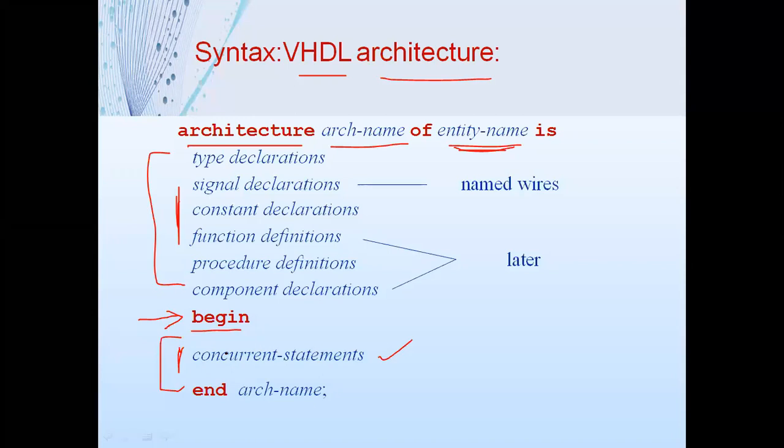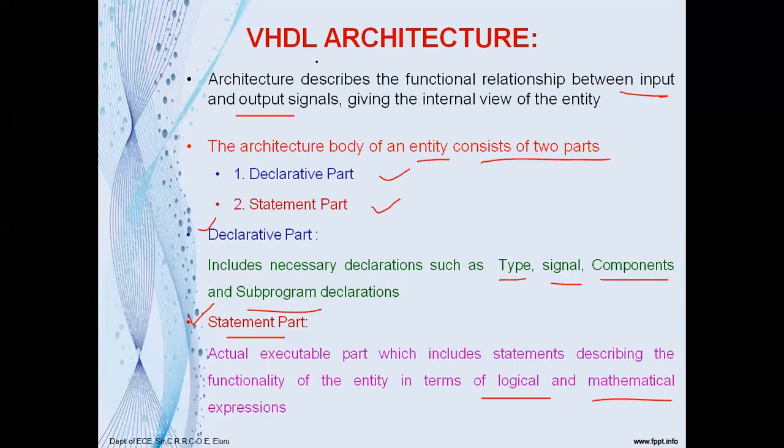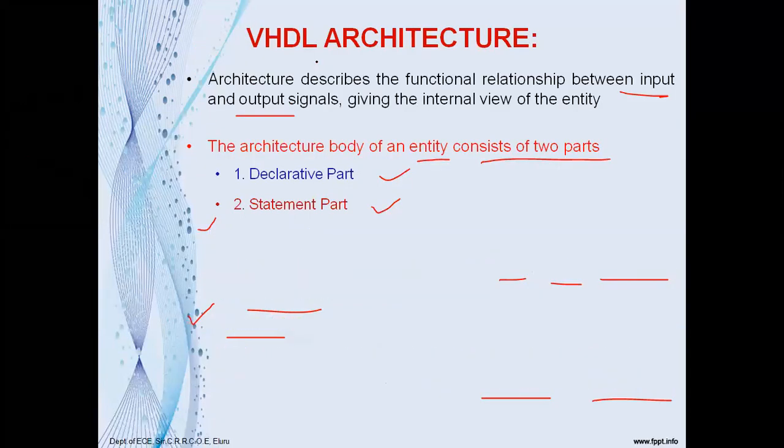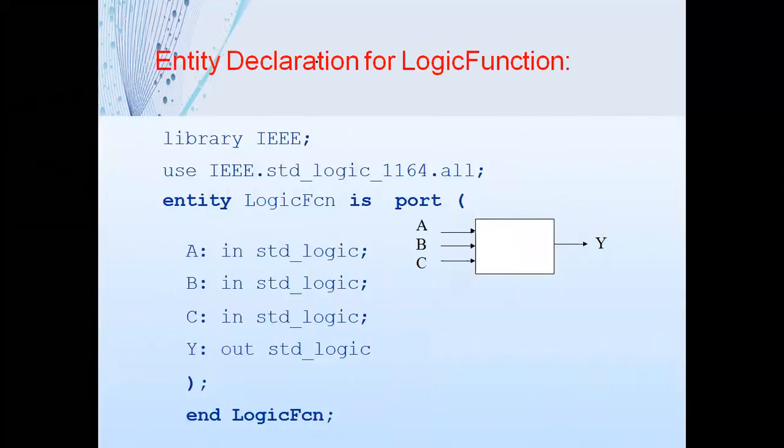For the sequential assignment statements, there is an order, and according to that order they are executed one by one. This is the syntax for the VHDL architecture. So let us see the VHDL entity syntax once again, and then we will go to the levels of abstraction.